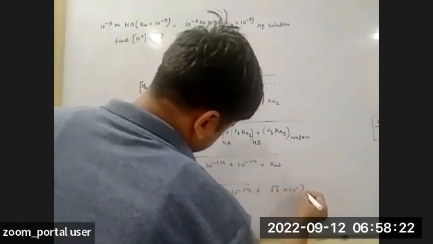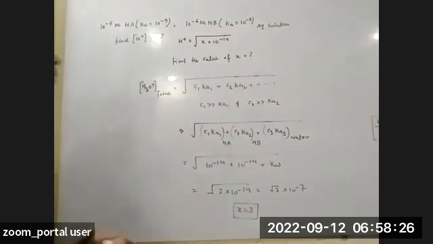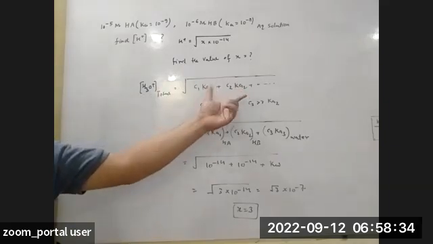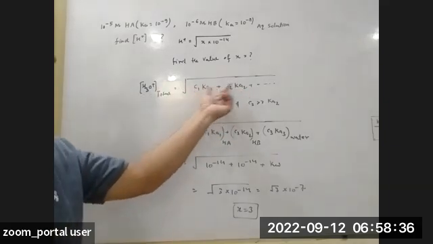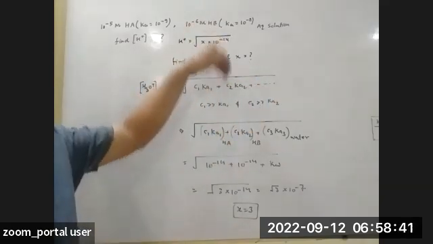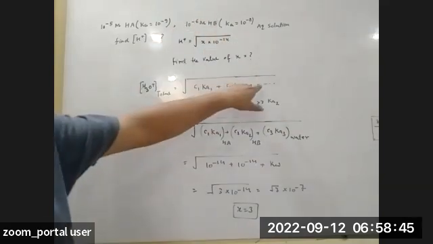Is this okay to everyone? Yes. So if you want to use this formula, you can use this also. But always remember, if these numbers are comparable to KW, then you have to add the contribution of water also.